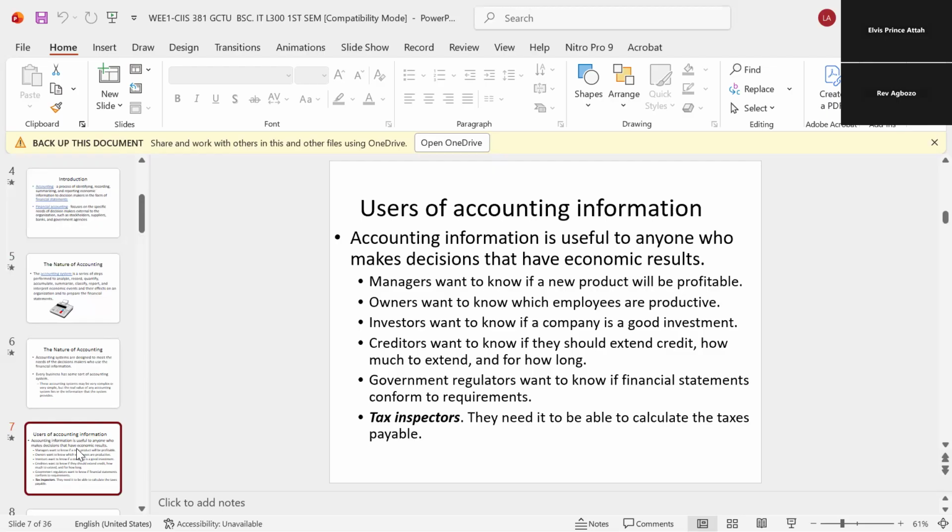If they have introduced a new product, they want to know whether it is profit making by comparing the revenue or income generated against the expenses they have made in generating that income. The owners want to know which employees are productive or which method of production is profitable.